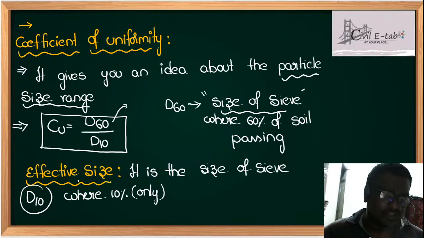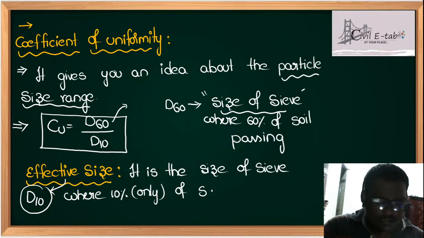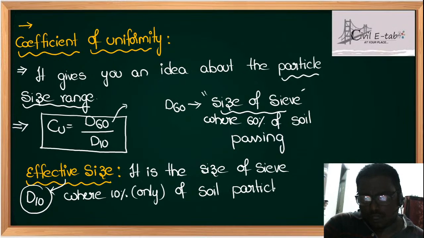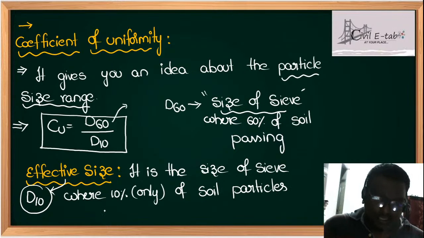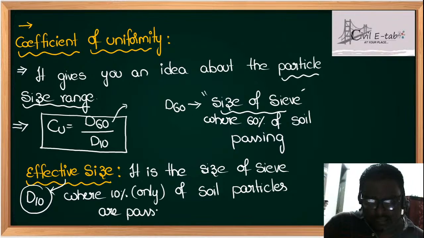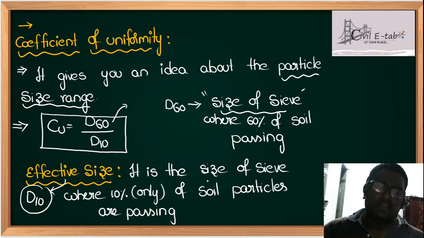If they are telling effective size, it is always D10. It is the size of the sieve where only 10% of the soil particles are passing. So this is what you mean by effective size. Am I clear, students? What do you mean by effective size? It is the size of the sieve where only 10% of the soil particles are passing.